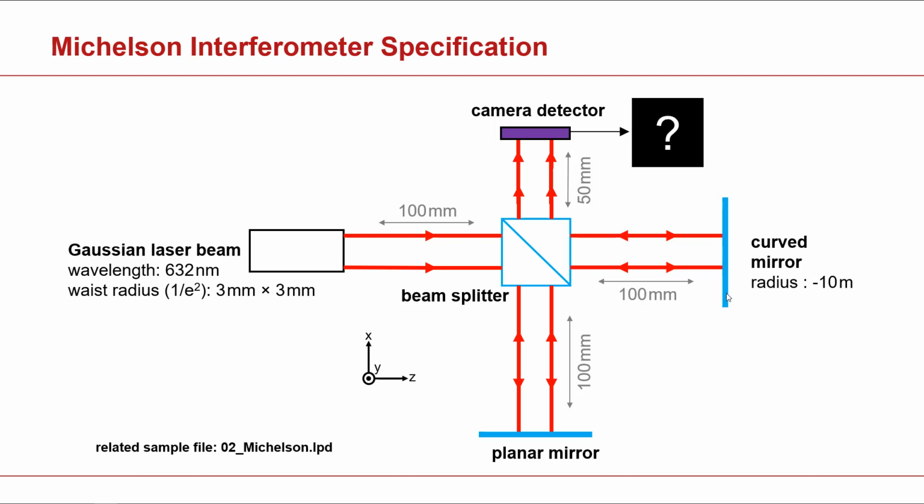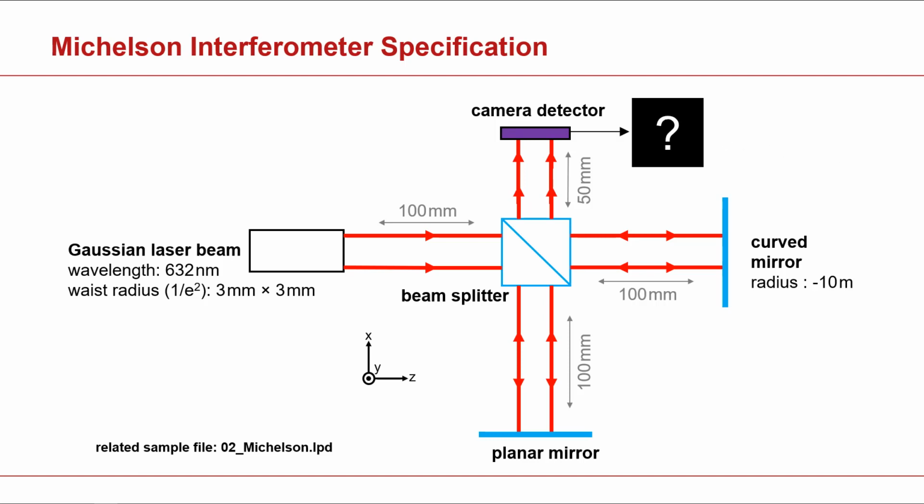The light is reflected by these two mirrors. This reflection propagates through the beam splitter, while this one reflects from the beam splitter. Now, in fact, when the reflected beams come back, the beam splitter performs as a beam combiner. Then we would like to see the interference pattern in the detector.